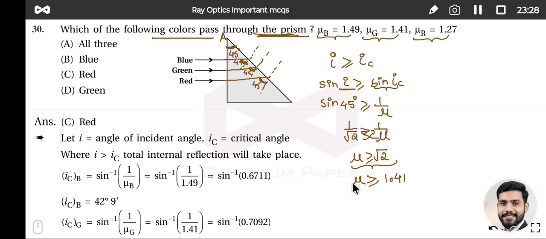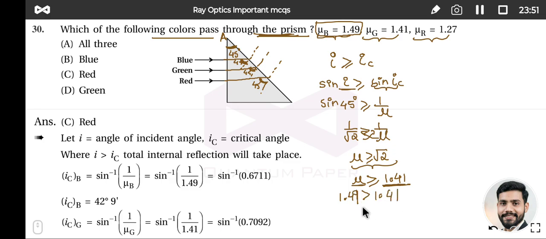So whenever the refractive index is more than or equal to 1.41, in that case light must be reflected back in the same medium. Look at the refractive index of blue light, which is 1.49, which is greater than 1.41.